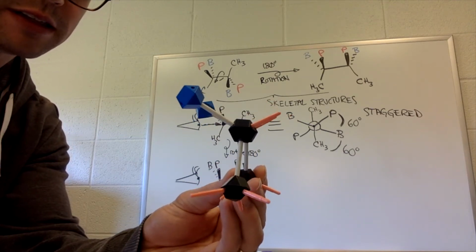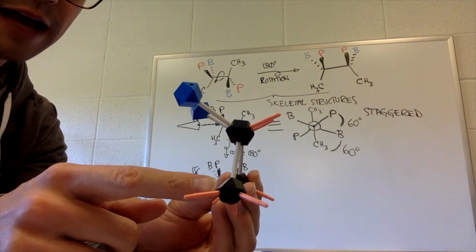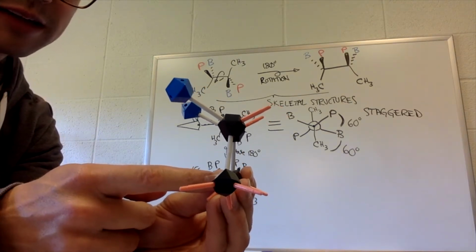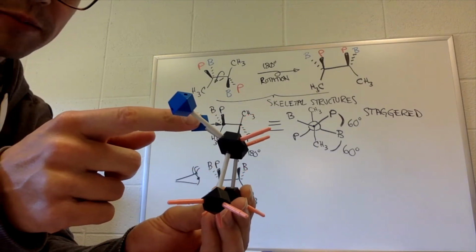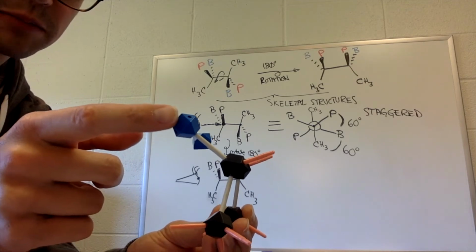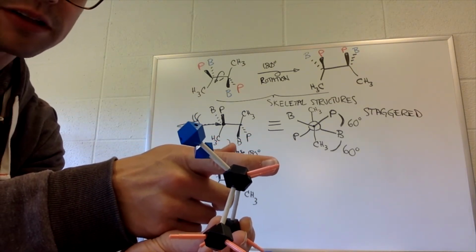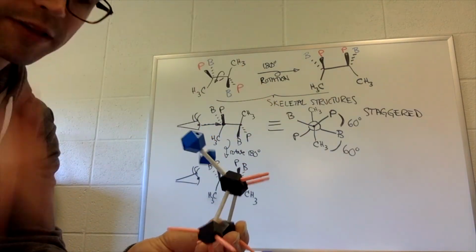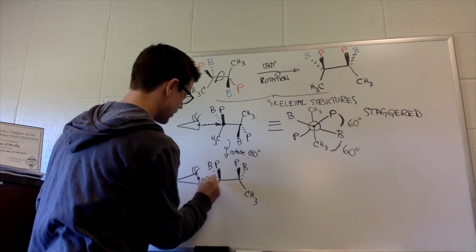And what you can already see just from the model that I'm holding is that this CH3 back here is directly behind this CH3 in the front. This blue atom here is directly behind this blue atom in the front, and this pink atom is directly behind the pink atom in the front. So what would that look like when the eyeball looks down that angle?